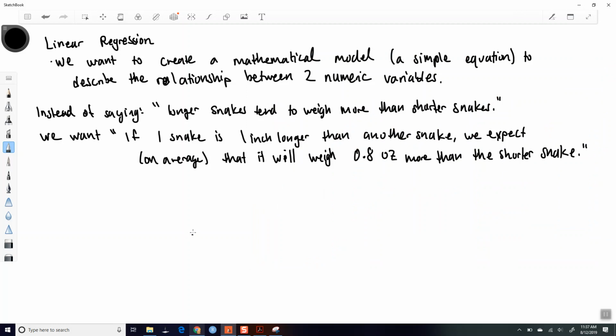So we want to be able to say something like this, and to do this, this will come down in the form of a linear equation, okay? So we will write a linear equation, all right? And a linear equation needs, okay, a slope and an intercept.